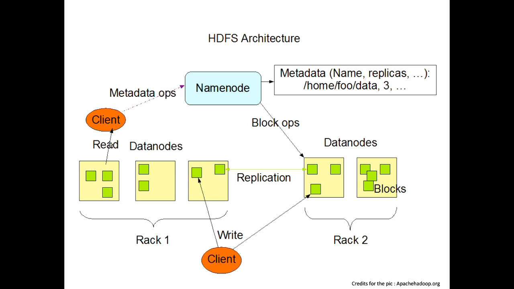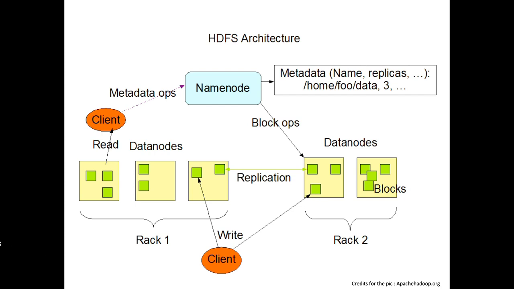So the client can read data using name node from the data nodes and then other replication of the same data nodes we have, and each data node has several blocks. So there are couple of racks, each rack containing multiple data nodes. The client can read and write from one data node to another data node.